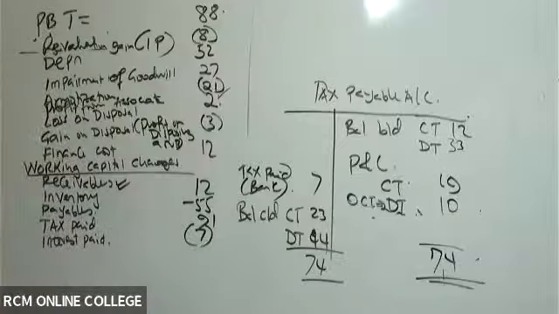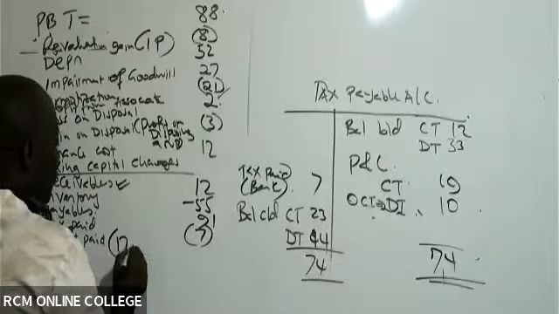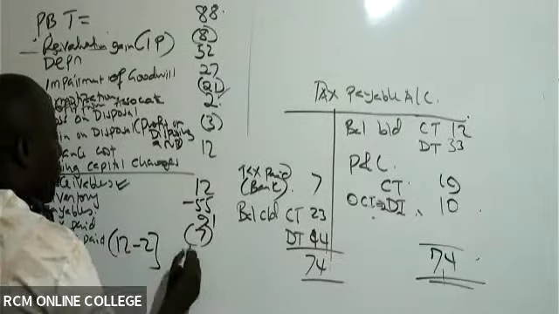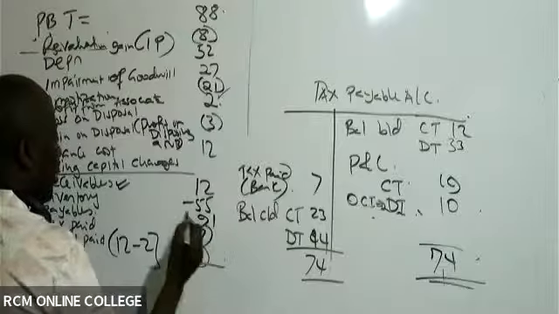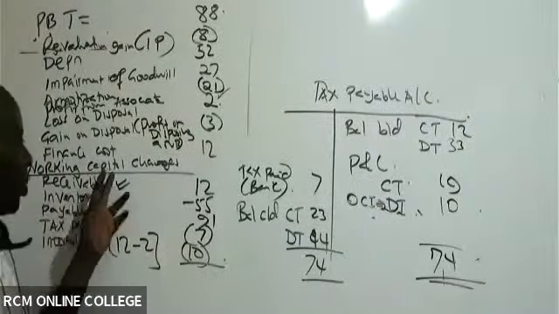So for interest paid, we don't have an interest payable account in our current liabilities. So in this case, interest paid will be the 12, but remember there is also a misclassification of 2. Remember, interest paid is the finance cost.